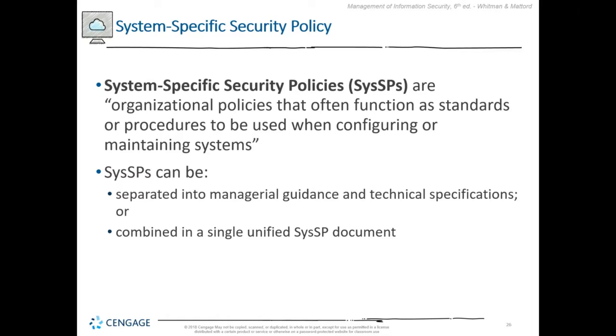With this, you have two separate groups that can make up a system-specific policy: managerial guidance and technical specifications, or those could also be combined into a single system-specific security policy document.